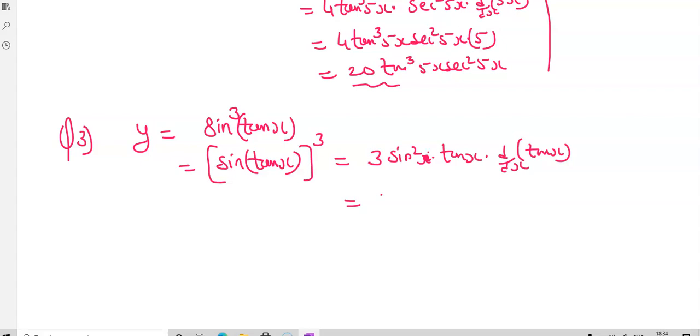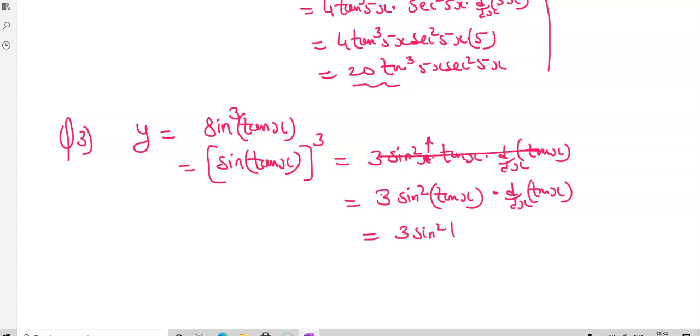Just replace it, 3 sine square tan x. Then we have derivative of tan x. It is an ideal example where we have applied the power, then function, then we have angle.